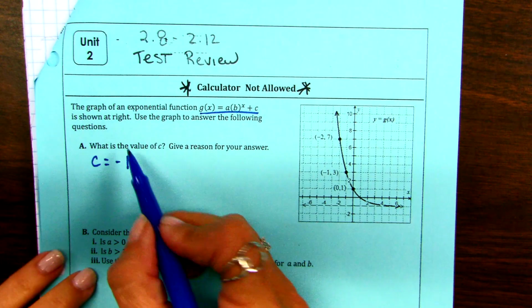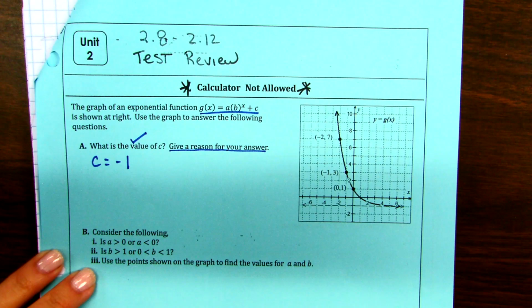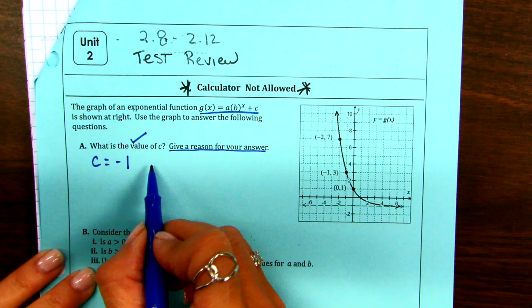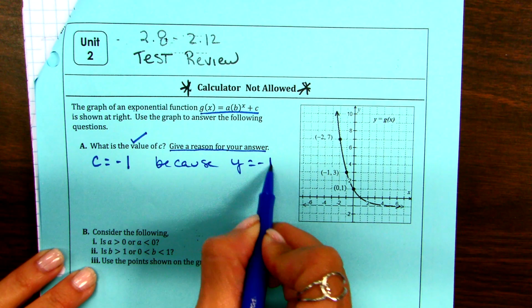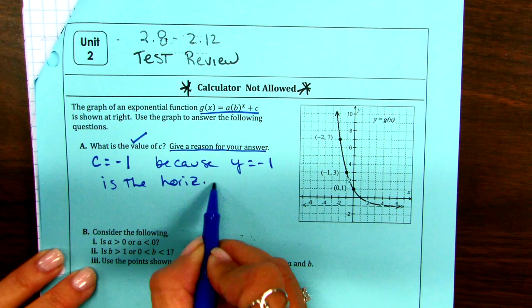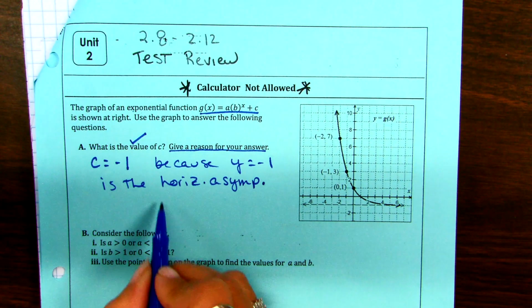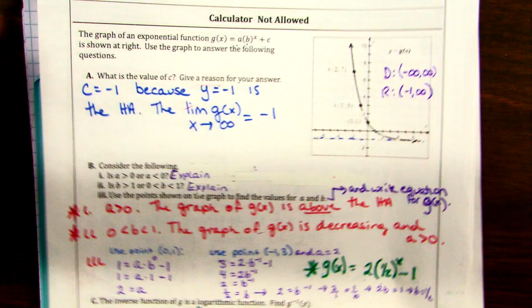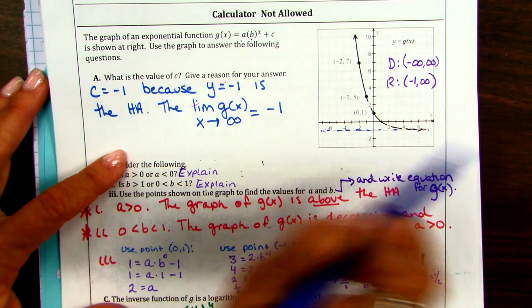Now that's just this one point. To get the other point, you need to give me a reason. And there's one of two things you could do here. You could either say, because Y equals -1 is the horizontal asymptote. Or you could use a limit statement about what's happening to the right.